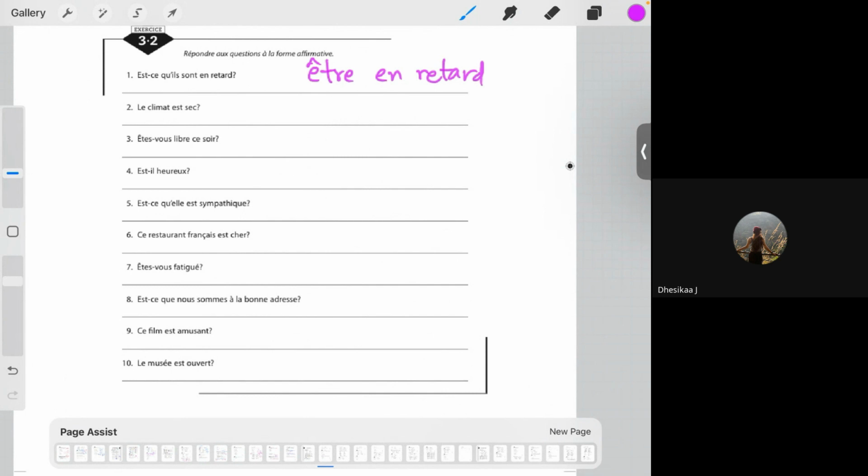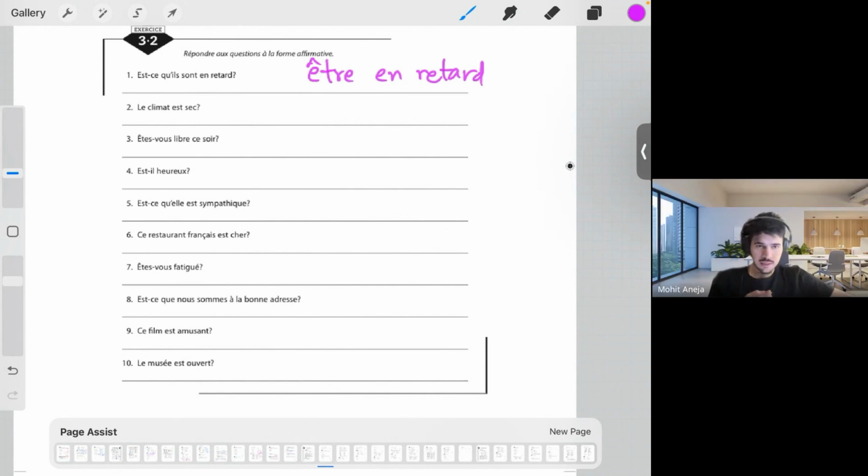You can either say yes or no. If you want to practice your negations, you can, but we have to say it in the affirmative form, so you can't use negations. So what you can say is oui, ils sont en retard.